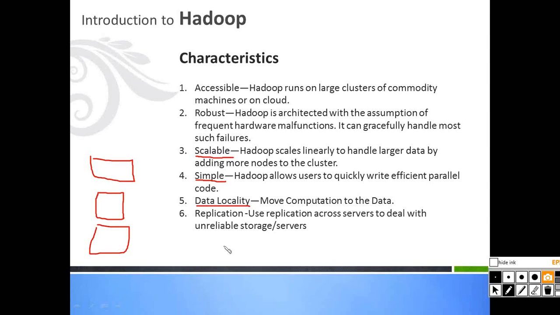And the other part is replication. Replication is needed when you need availability. So no matter what, the application should be available all the time, 24/7. If that is the requirement, replication is mandatory in the architecture. Hadoop supports that.